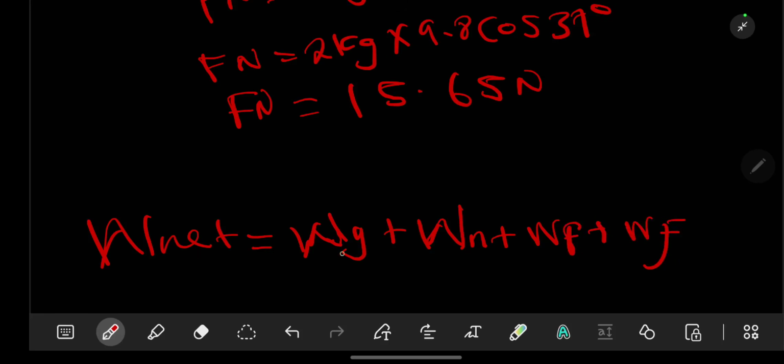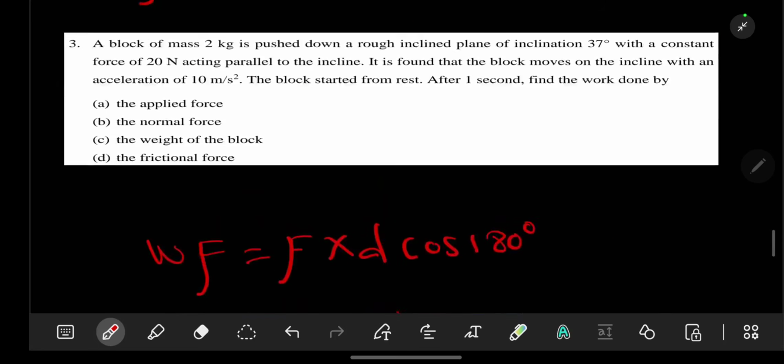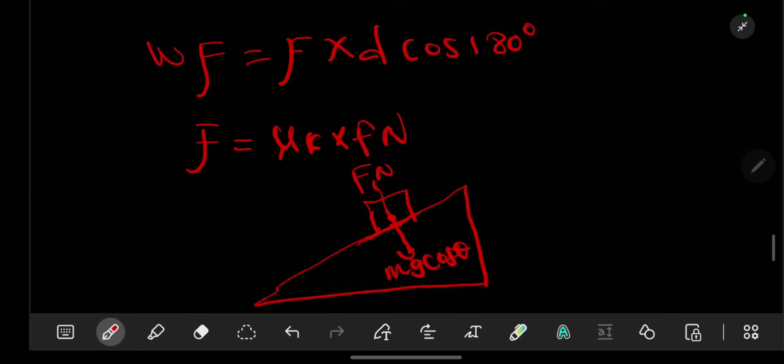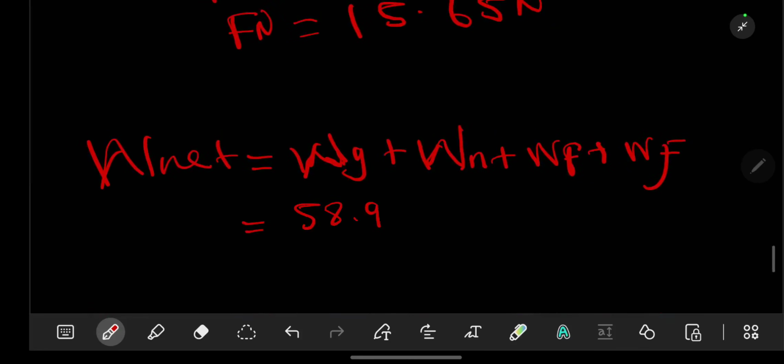In this formula, there is nothing like work done by the potential energy. These are the ones that we are going to be using. The work done by gravity, the work done by the weight, was found to be 58.98.